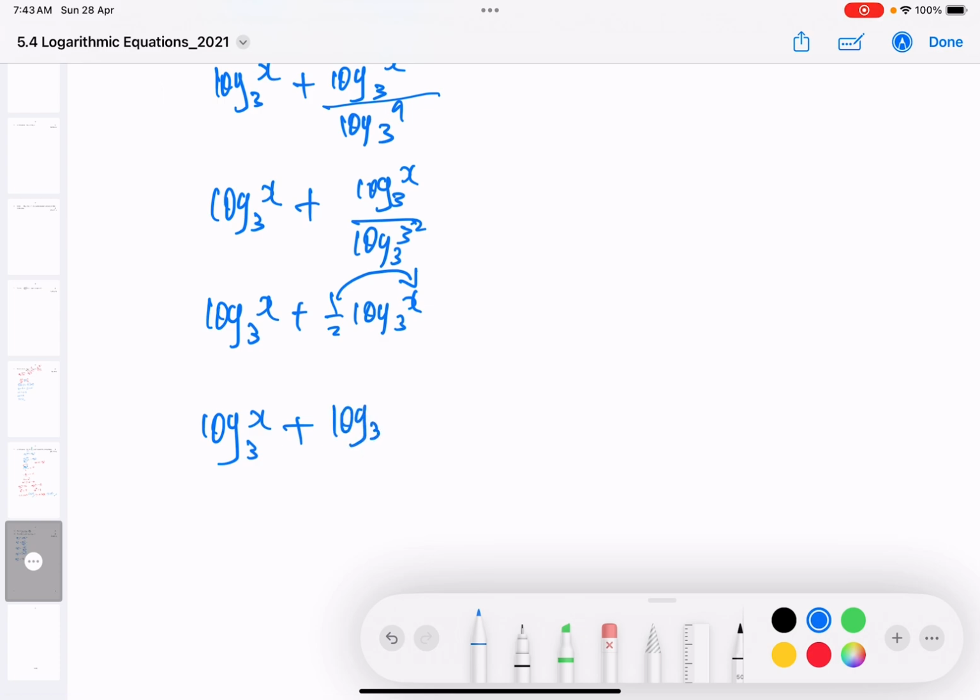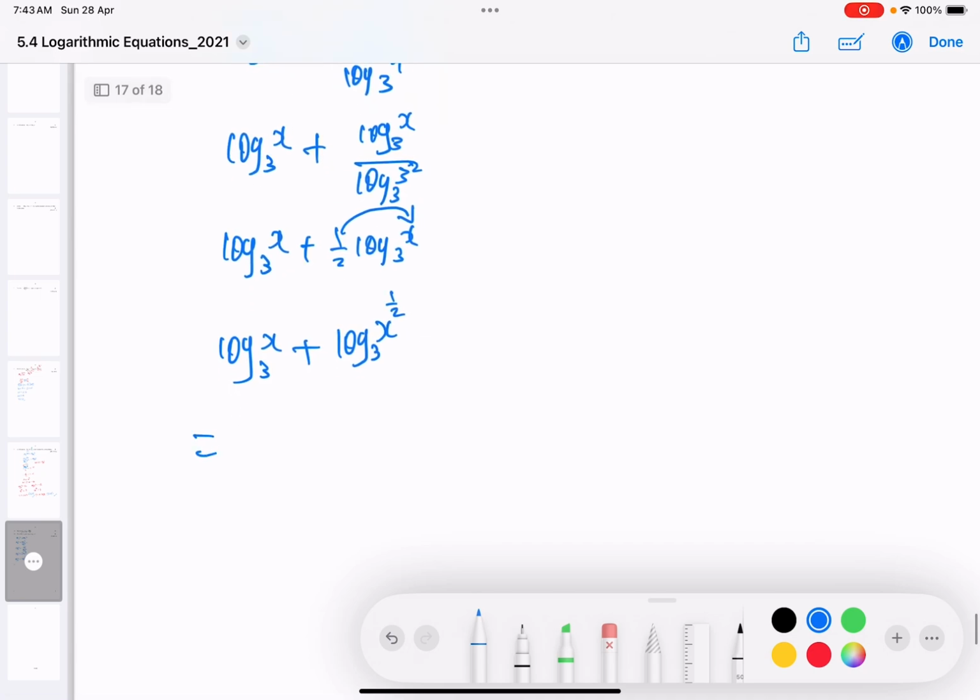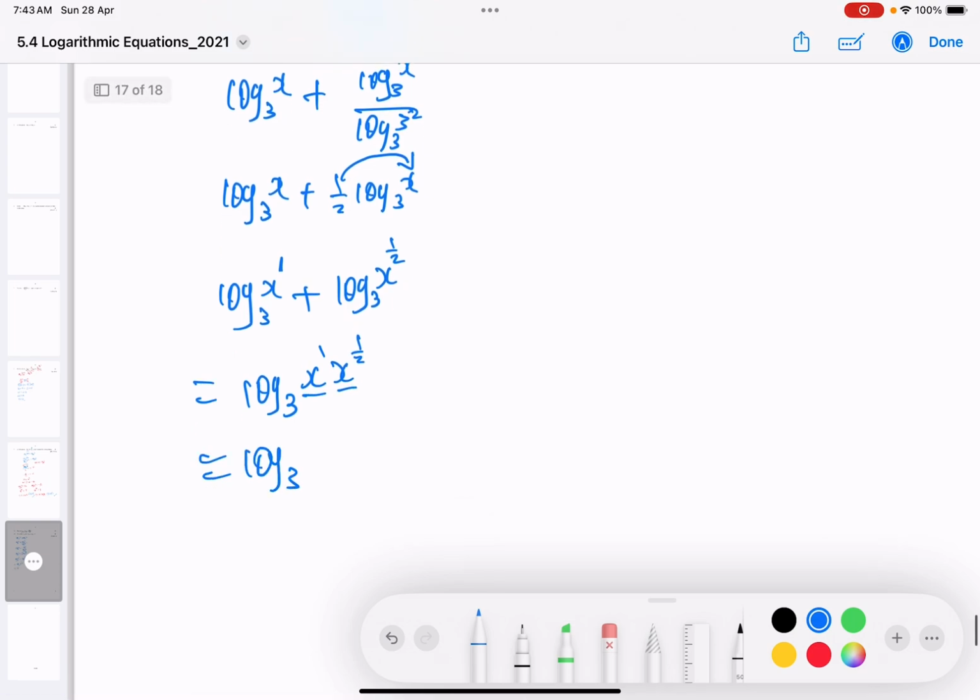So this is the same as log 3 of x to the power of half. Because this is a plus, I can multiply these two together. This is x to the power of 1, times x to the power of half. Same base, the powers can add up. So it's 3 over 2.